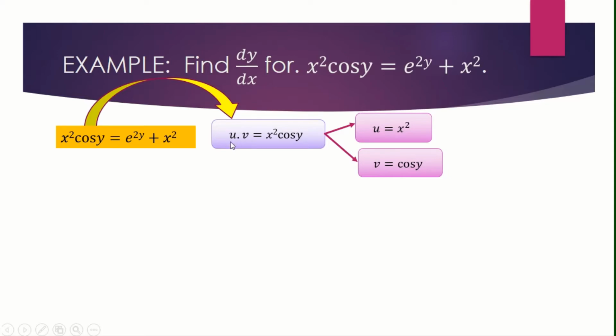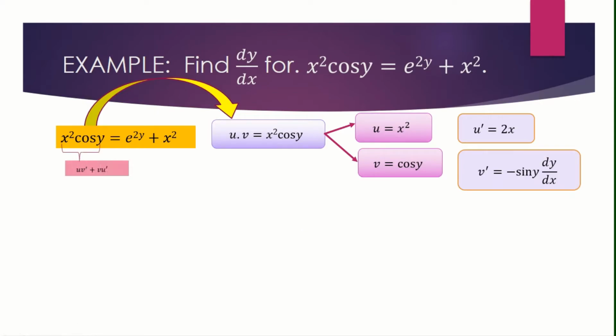Differentiating x squared, we get 2x, and differentiating v, cos y, we get negative sin y dy/dx. Remember, when we differentiate terms in terms of y, we have to multiply by dy/dx.